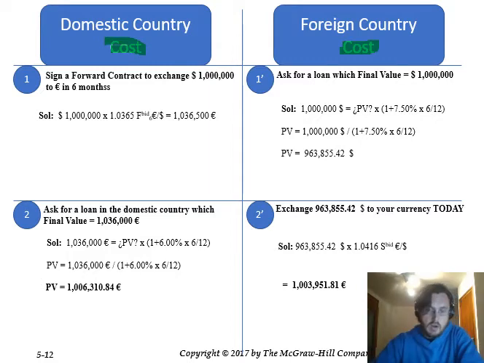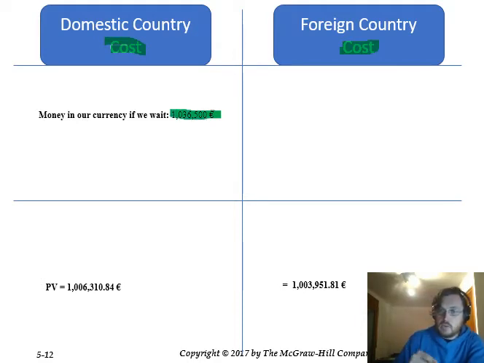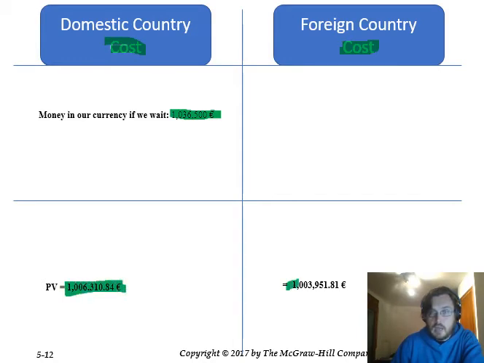Let's take away all the things that we don't need and keep just the relevant stuff. For the cost we just need the money that we get if we wait, which is given by the forward contract that you sign in step number 1 in the domestic country, and then the money that we can get today in both the domestic country and the foreign country.